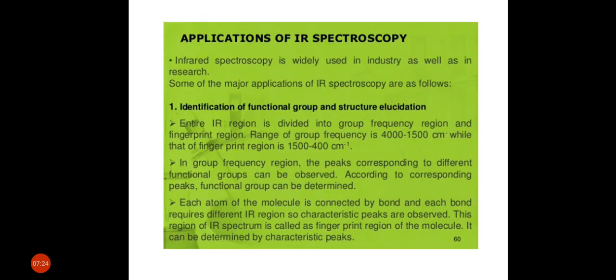See here again. The entire IR region is divided into group frequency region, that means functional group region, and fingerprint region. The range of group frequency is 4000 to 1500 per centimeter, while that of the fingerprint region is 1500 to 400 per centimeter.